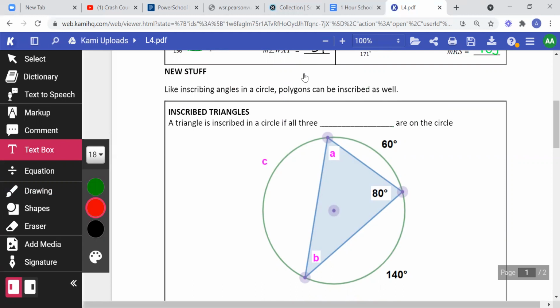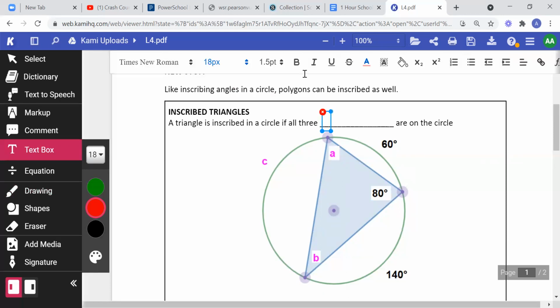Sarah, the 3 points of the triangle, are they on the circle or outside the circle? On the circle. Okay, they're all on the circle. Those 3 points are called vertices, okay? And so an inscribed triangle is a triangle where all the vertices are on the circle.